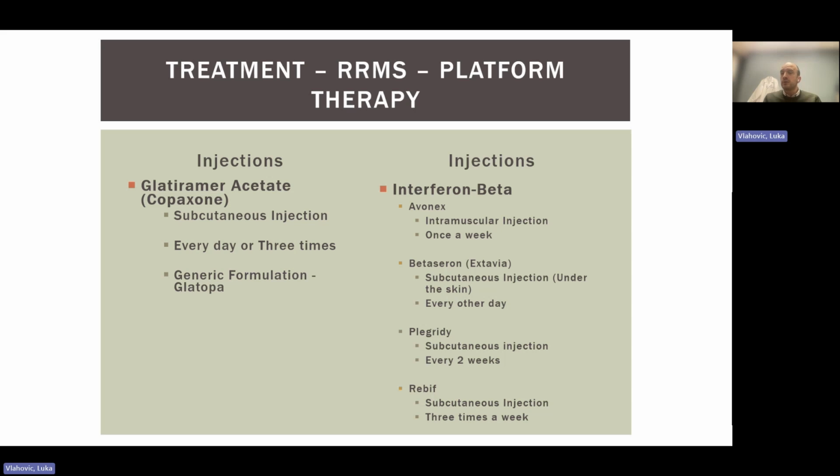As I mentioned, they're very safe, but as our field evolved, there are also some other medications that have become available over the years, much more efficacious. So I would say that we use these medications much less frequently these days.